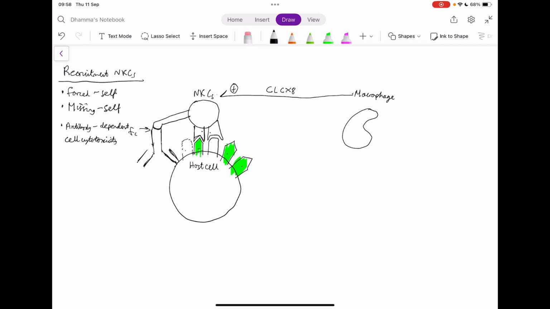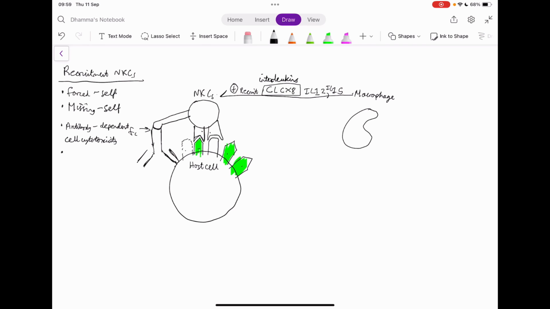Sorry, apologies, these are interleukins. So other examples are interleukin 12 and interleukin 15 as well. So those are involved in recruitment.